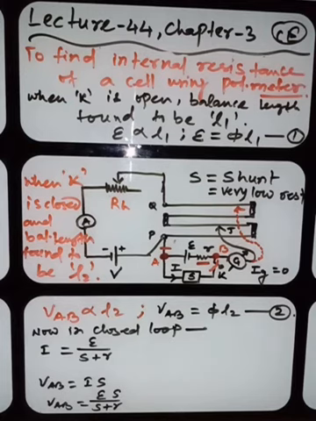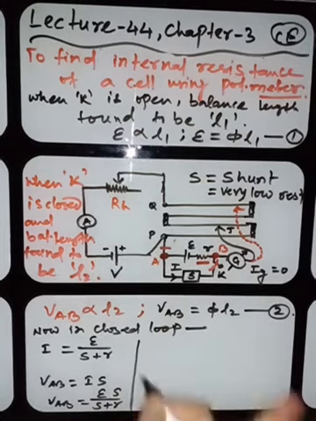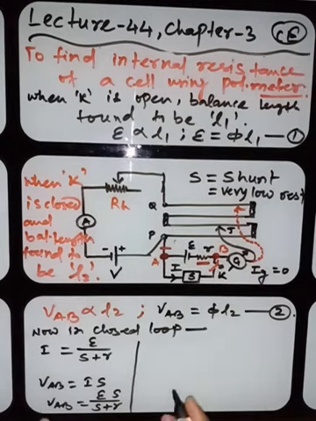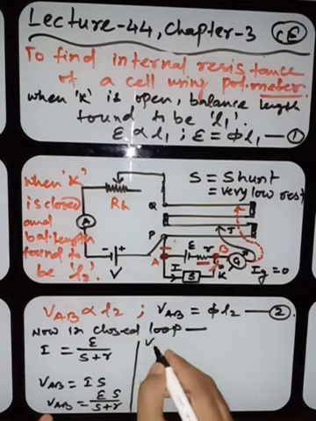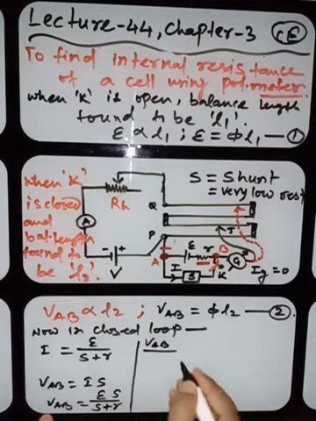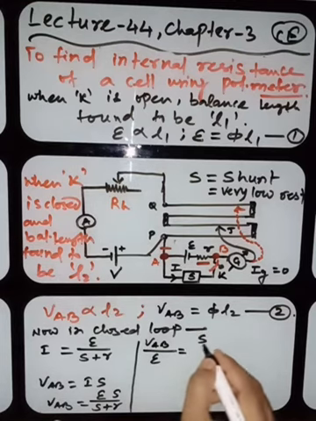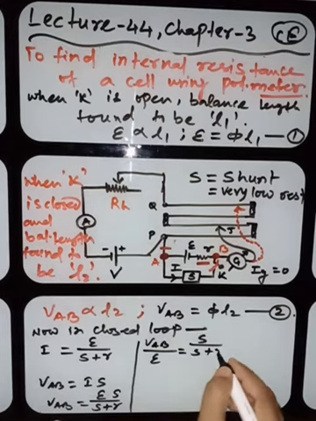Look carefully, my dear student. Now from here we are going to find a relation that we will compare with 1 and 2. Can we write VAB divided by E equals S by S plus R?